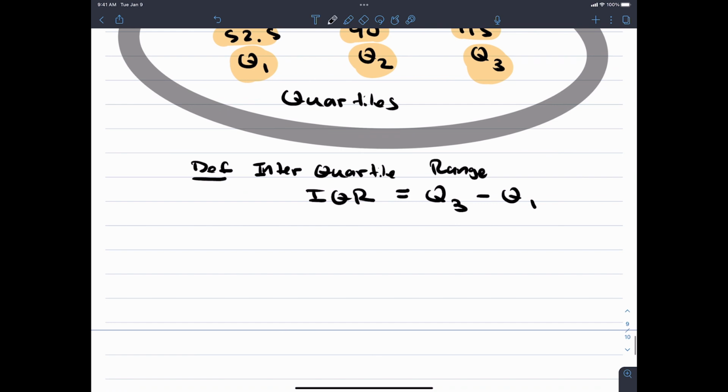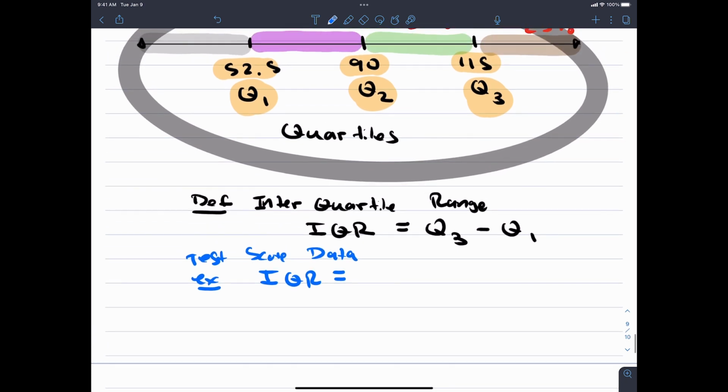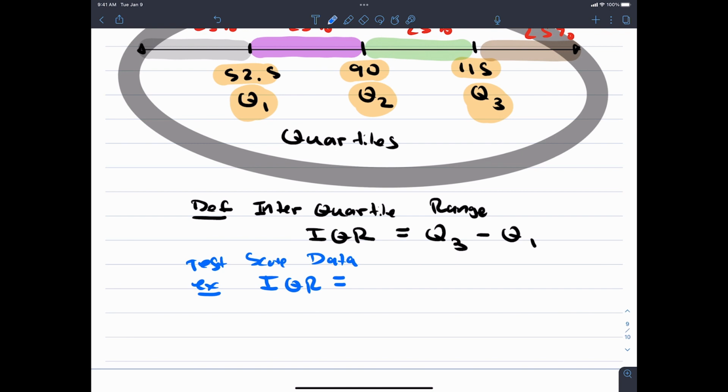So, for example, with the test score data, the sheet we have, what would the interquartile range be here? You take what? 115 and you subtract 52.5. Your interquartile range, you're using your definition here.